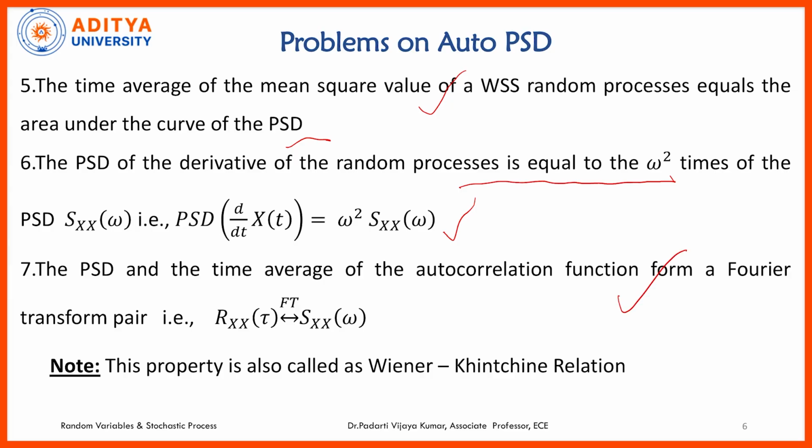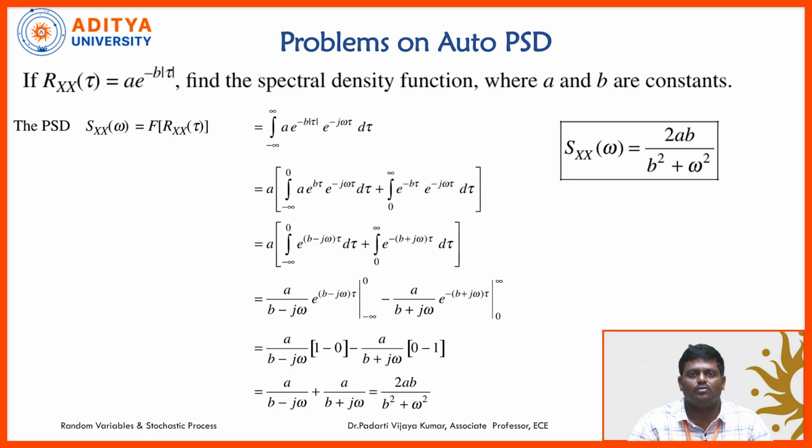The last relation, which is very important in solving the problems, is the Wiener-Khinchin relation. The Fourier transform of the autocorrelation function is the power spectral density, or the inverse Fourier transform of the power spectral density is the autocorrelation function.